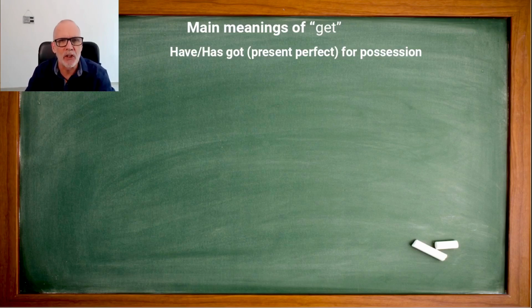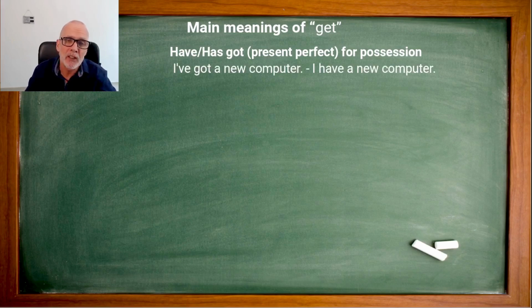And that is using get, or I should say have got or has got, which is the present perfect actually, for possession. So probably you already know that in English there are two ways of talking about possession. We can either say I've got a new computer or I have a new computer. We can use have got or just the verb have on its own for possession.